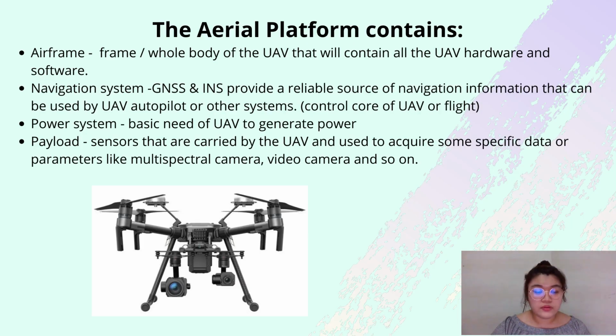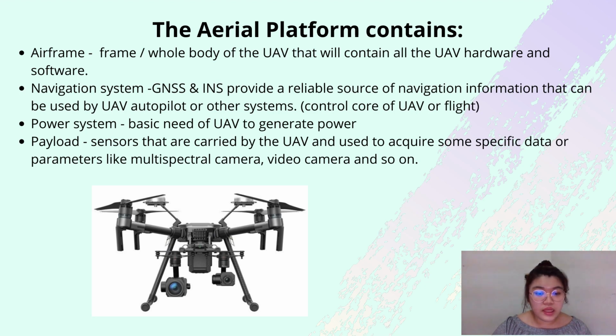The aerial platform contains airframe, navigation system, power system, and payloads. Airframe is the whole body of the UAV that will contain all the hardware and software. Navigation system has GNSS and INS. It will provide a reliable source of navigation information that can be used by the UAV, autopilot, or other systems.